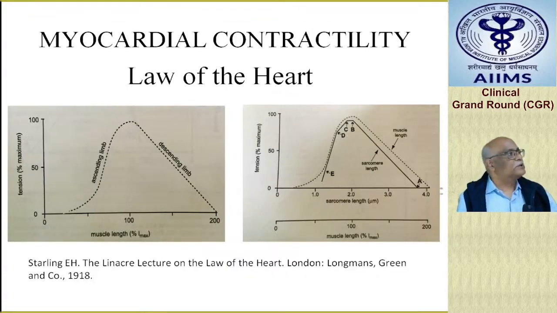And you must be knowing this is the Starling's curve. As the sarcomere length increases, usually sarcomere is from 1.6 micron to 3.2 micron. So as the sarcomere length increases from 1.6 to 2.2, the force of contraction increases. But when you go beyond 2.2 to 3.2, the force of contraction decreases. But we have not been given an accurate explanation why.